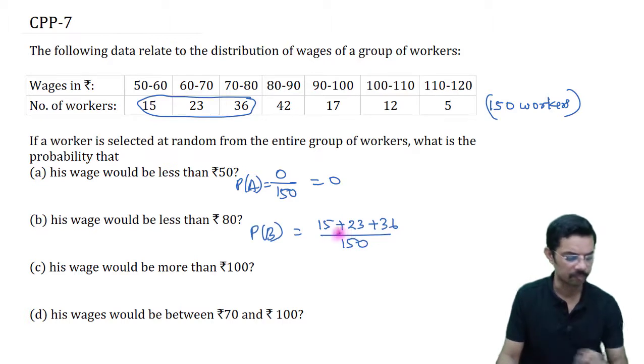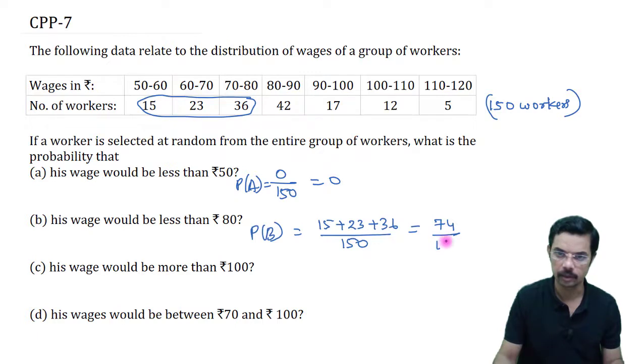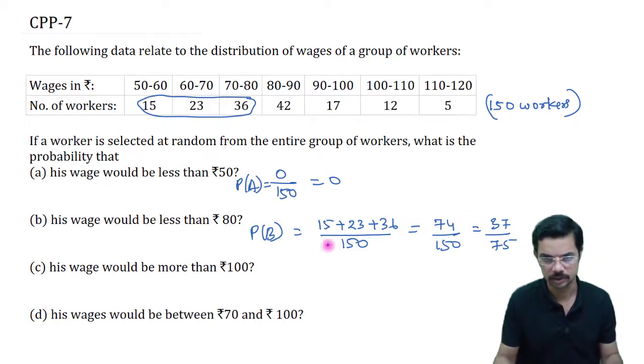When we add them up, 15 plus 23 plus 36 gives you 74 workers. 74 divided by 150. We may simplify if needed, giving 37 divided by 75. Just divide by 2.